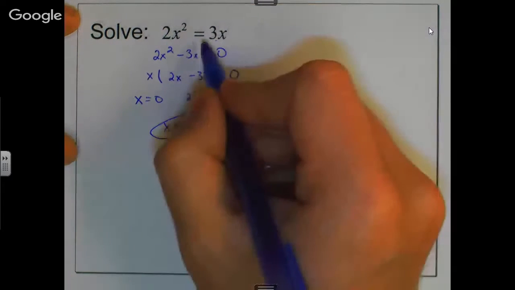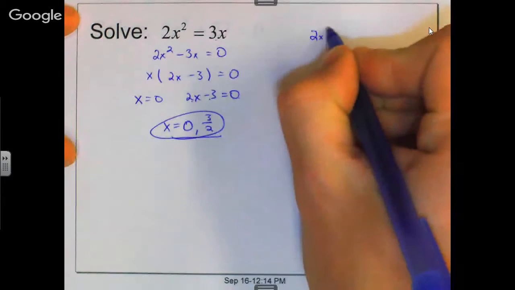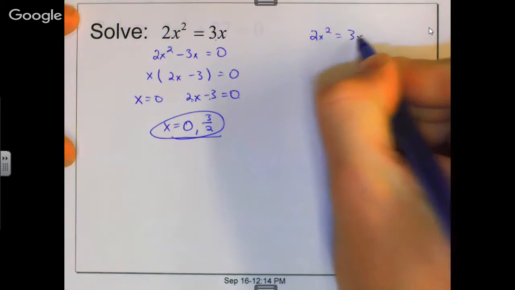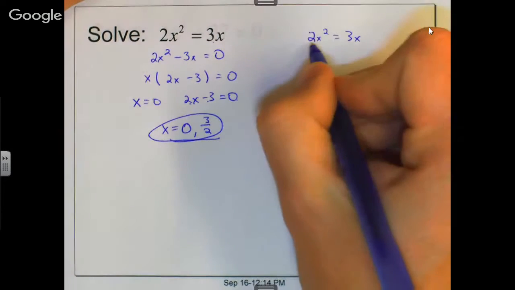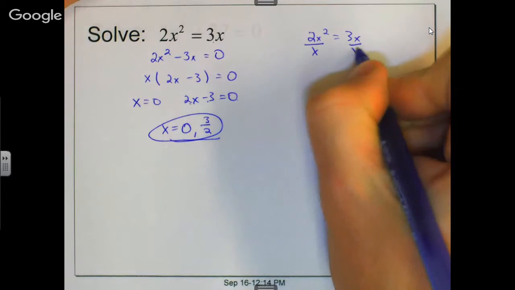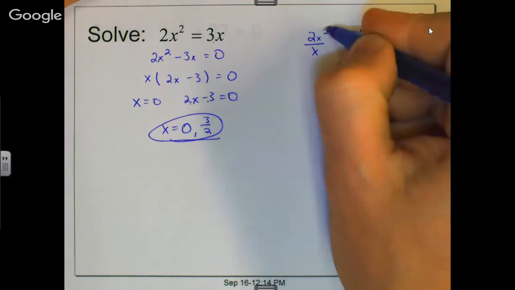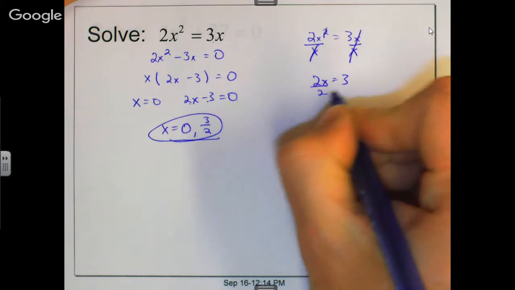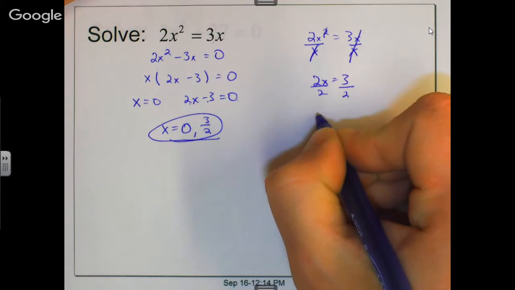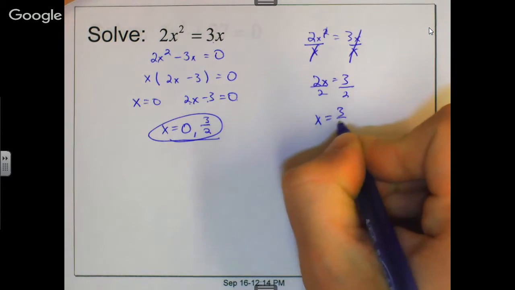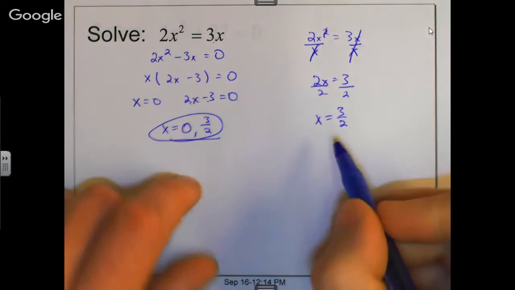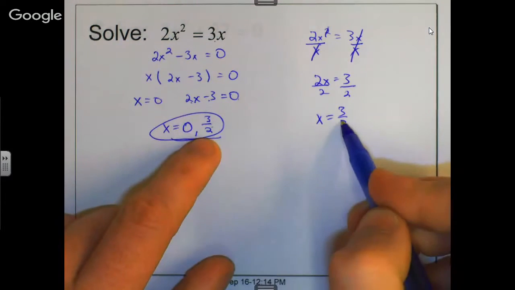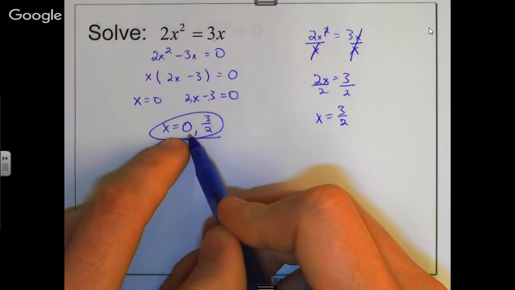Now, you may have looked at this a little bit differently, as I did originally, and said, well, can't I just divide both sides by x? We'll get 2x equals 3, divide by 2, and x equals 3 halves. Well, you may notice that we've got one of the answers, but we're missing the second answer.